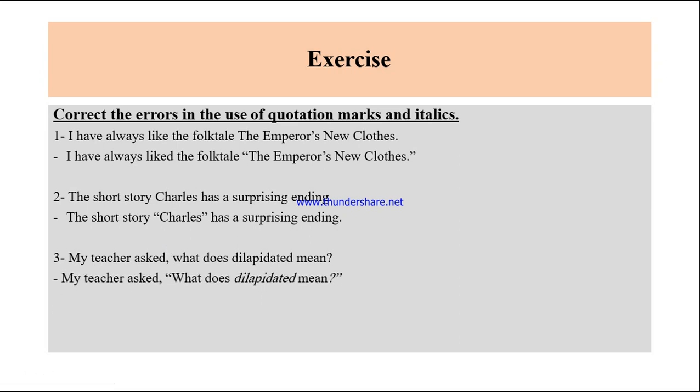And we have a question inside the quotation marks. It must be capitalized. And you are also referring to the word dilapidated, so it must be italicized. If you are using your hand, you will underline it. After that, you put the question mark and you close the quotation marks.